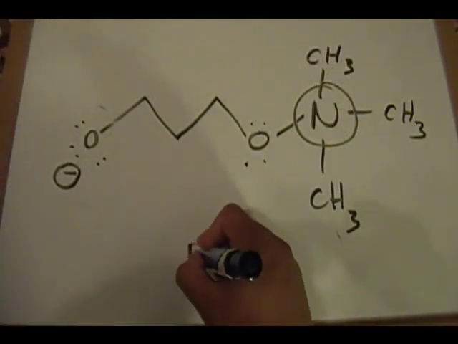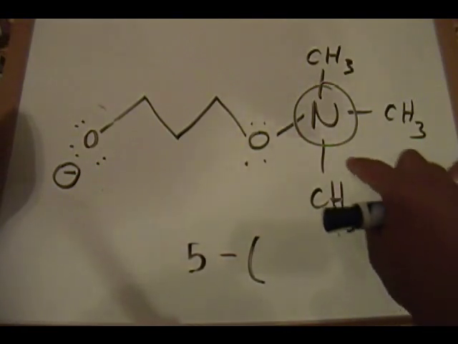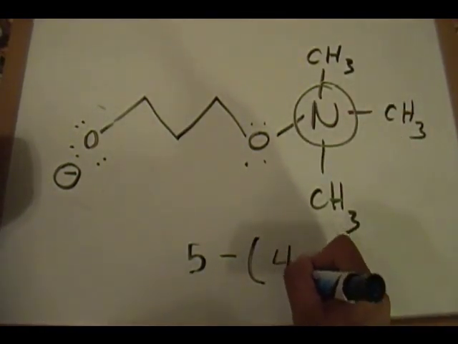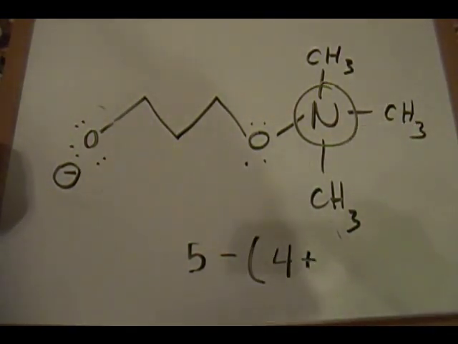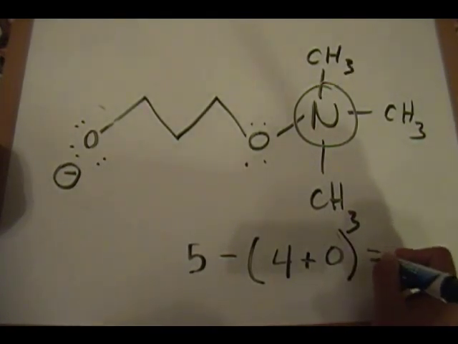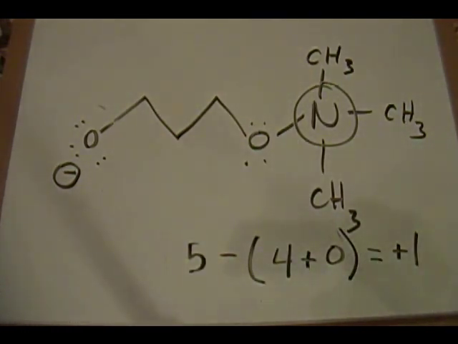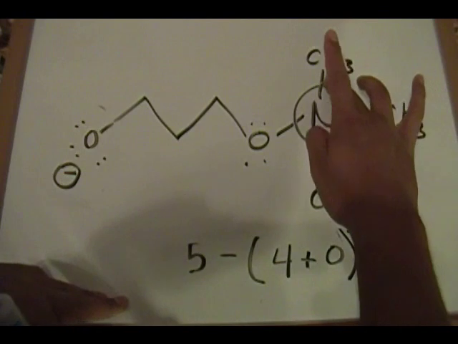So it'll be 5 minus the sum of the bonds around it, so it's 1, 2, 3, 4, plus lone pairs. There are no lone pairs around the nitrogen atom, so we put that as 0. So this is equal to +1. So that's the formal charge around the nitrogen atom in this molecule.